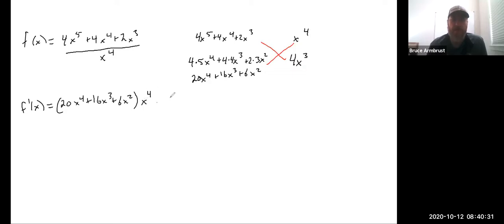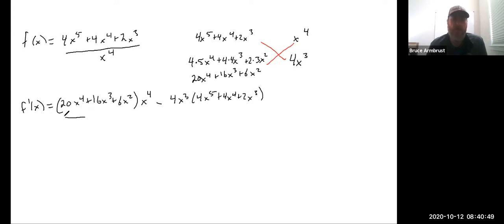Then we're going to subtract 4x cubed times 4x to the fifth plus 4x to the fourth plus 2x cubed. So that's the derivative of the bottom times the top. So that's always what this looks like on top.